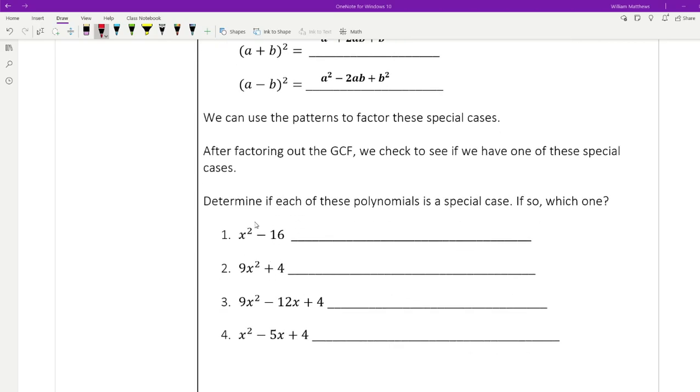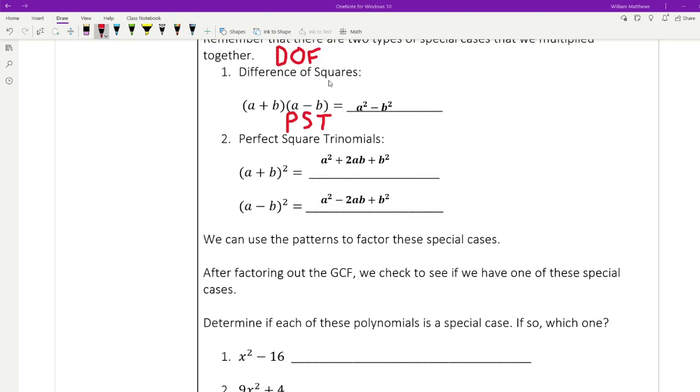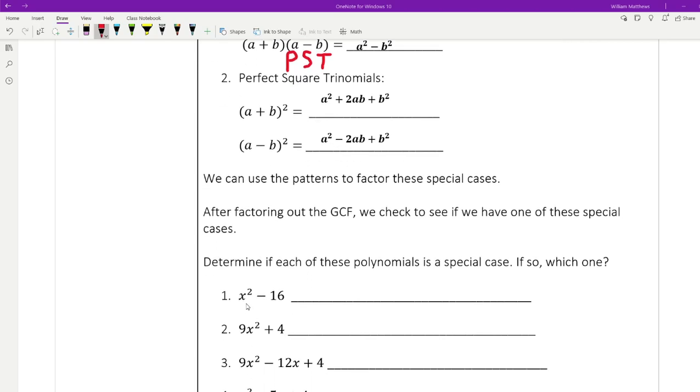Looking at this first section, it asks to determine if the polynomial is a special case. If so, which one? So it's not asking us to solve. It simply wants to know, can we use the difference of squares, or can we use the perfect square trinomials, if at all? Number one only has two terms in it and a subtraction sign in between.